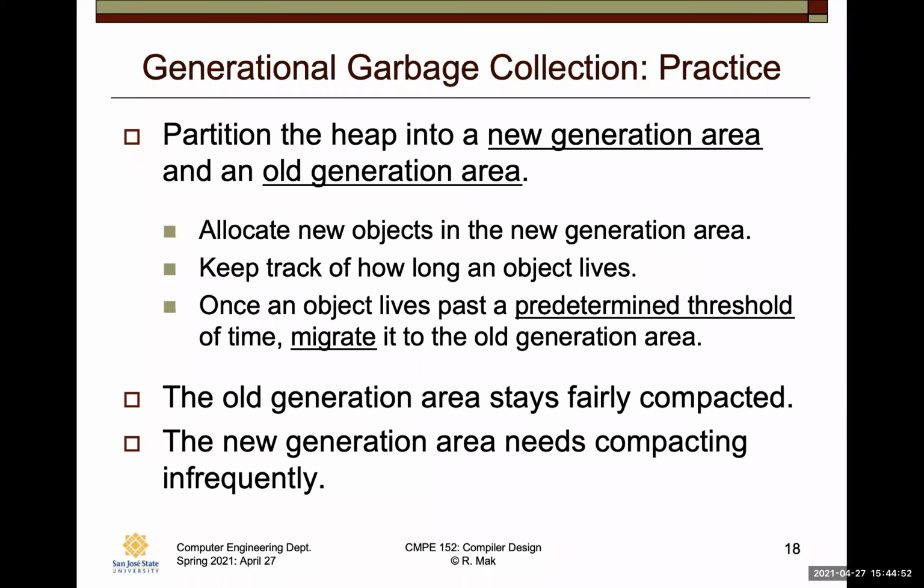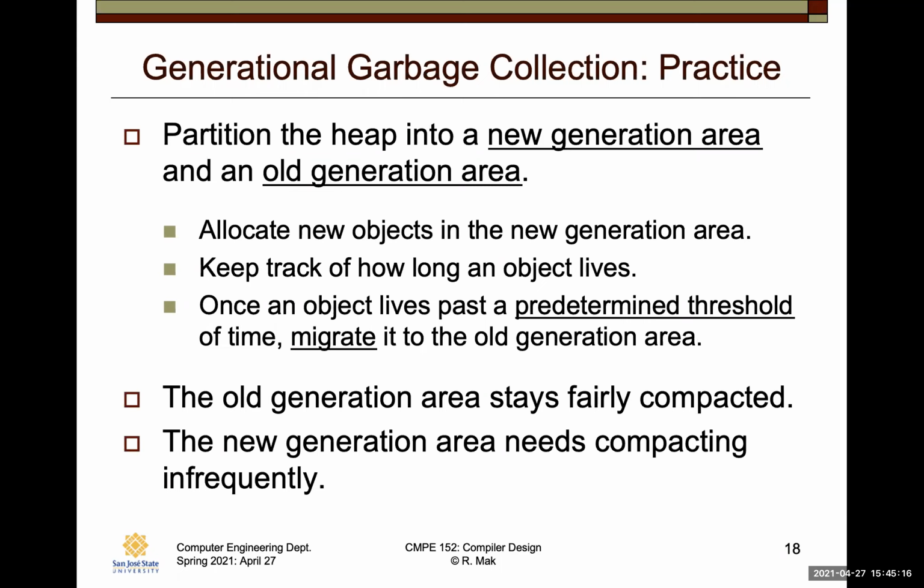The objects are going to be deallocated, and you're going to have a lot of big holes as opposed to lots of little holes. Okay, and so in that case, you shouldn't need a lot of compacting of the new generation area because you're going to have lots of big holes in there. Okay?